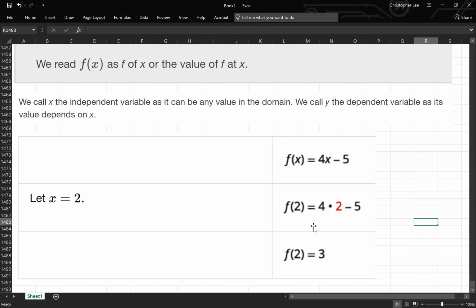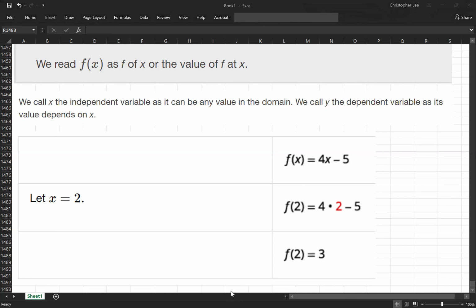So 4 times 2 minus 5, which becomes what? 8 minus 5, which is 3. So f of 2 is equal to 3. Questions on that? Does this make sense? I know we've been doing a little bit of this, but now I'm formally defining it for you.